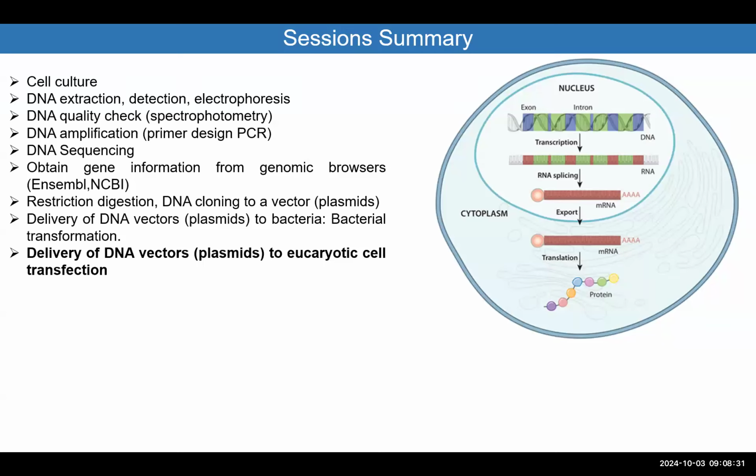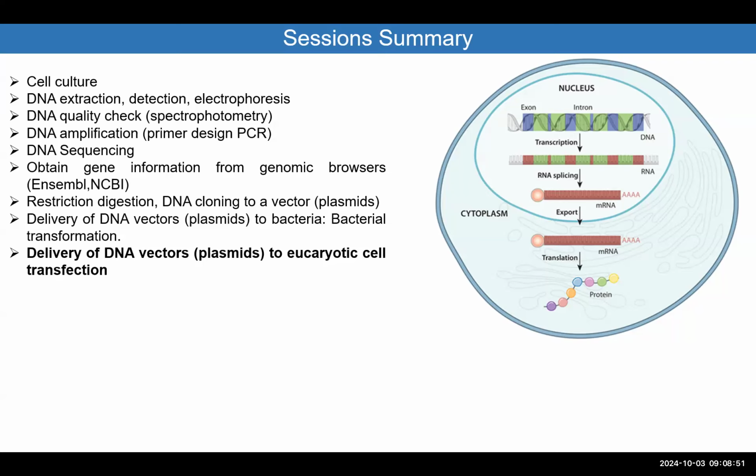We know how to use restriction enzymes in order to clone this DNA into a plasmid or other types of vectors. And then we can deliver it to bacteria, so we can have a clone, grow the bacteria, get amplification of that DNA and reuse it the way we want.